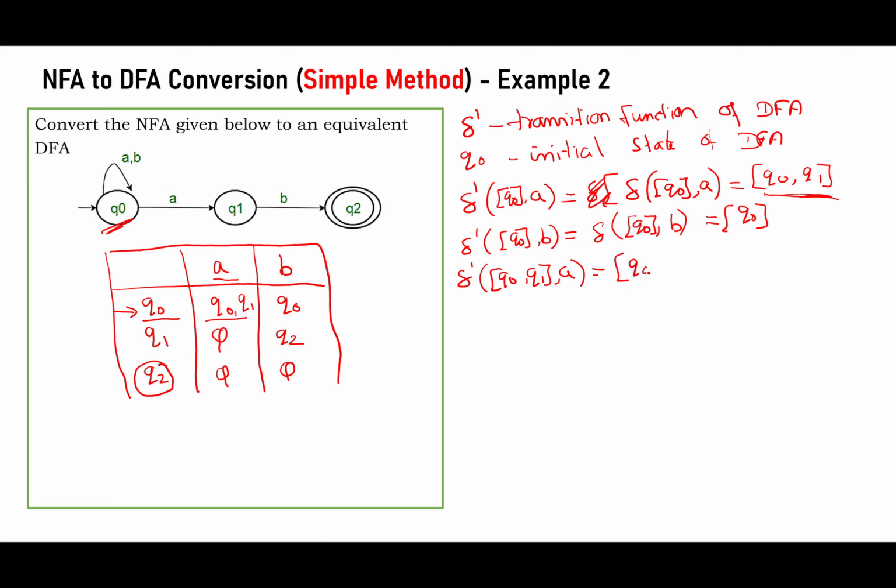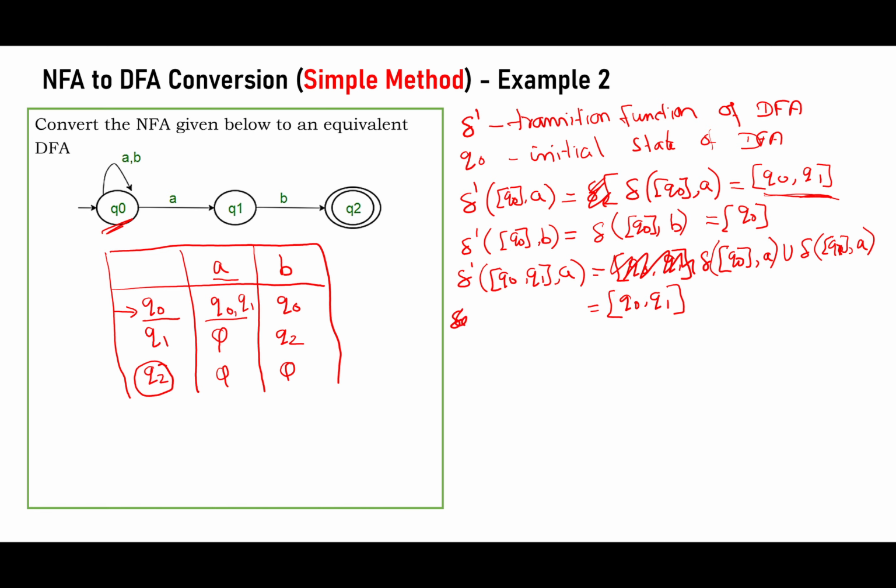So it is q0, q1. This can be written as delta of q0 comma a union delta of q1 comma a. So q0 comma a is q0 q1, then q1 comma a is null, so the transition is q0 q1.